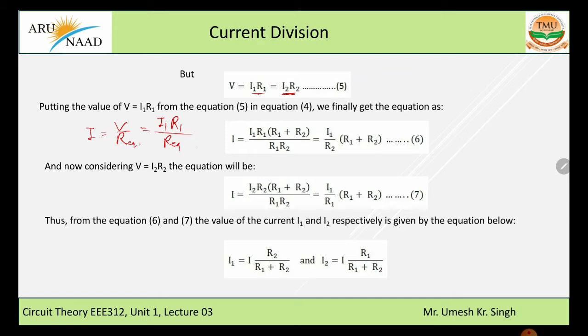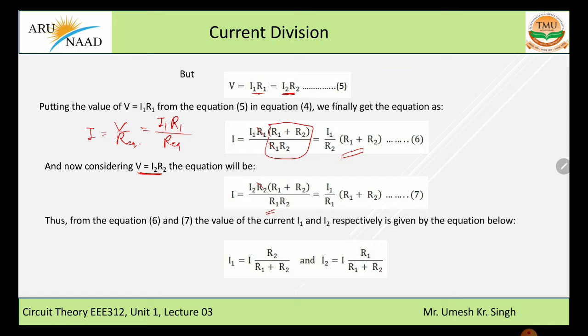Putting in the value and cancelling, I get I1 upon R2 times R1 plus R2. In the same manner, considering V is equal to I2 R2, we get I2 R2 times R1 plus R2 divided by R1 R2.